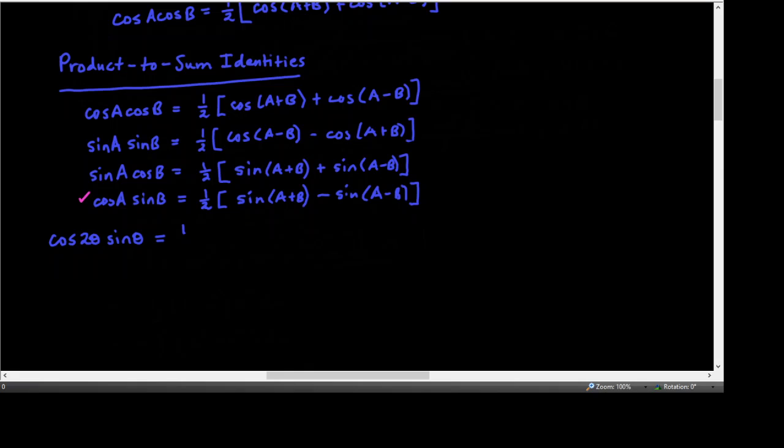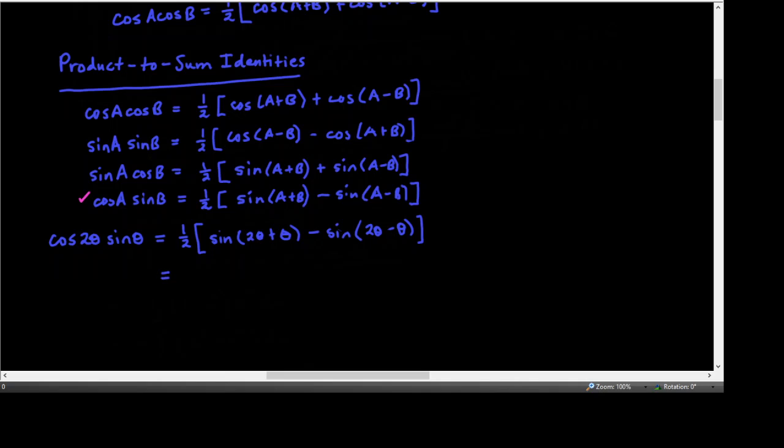So using that identity, that's going to be 1/2 times the quantity sine of the first angle, 2 theta, plus the second angle, theta, minus sine of the first angle, 2 theta, minus the second angle, theta.